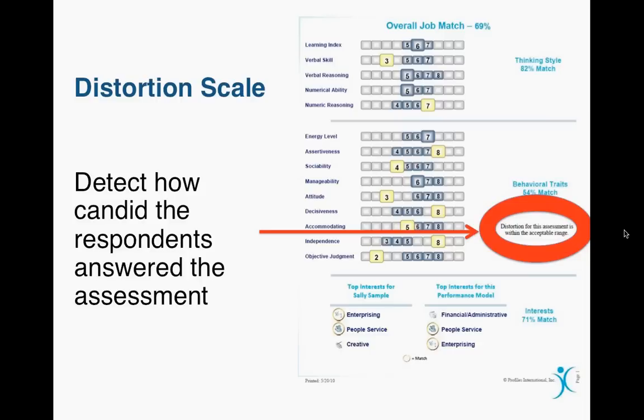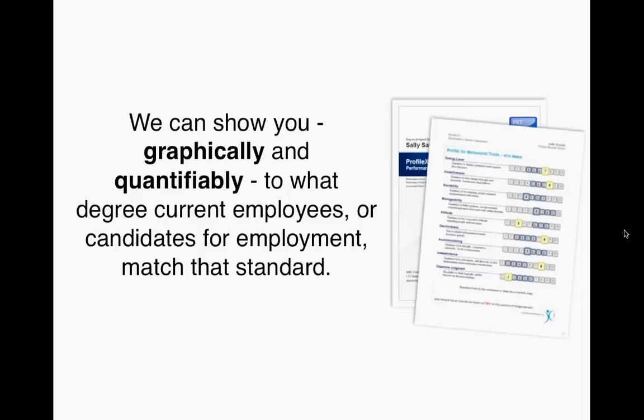Now, you could also easily identify the percentage match for every area in the report, as you can see here. And I think one of the unique features is the distortion scale, which can detect how the candidate answered the assessment.